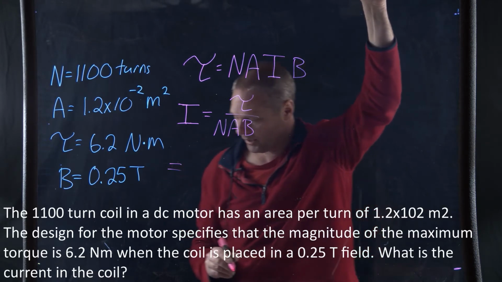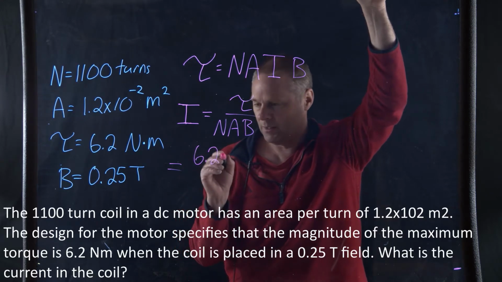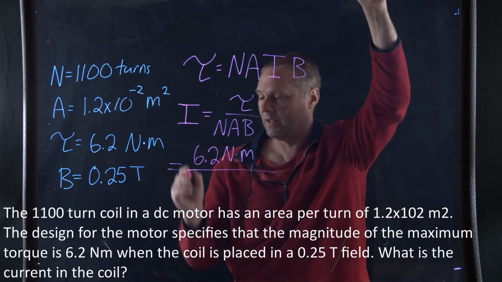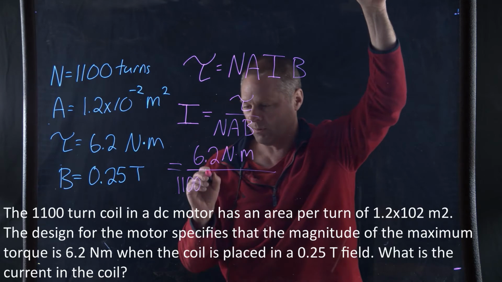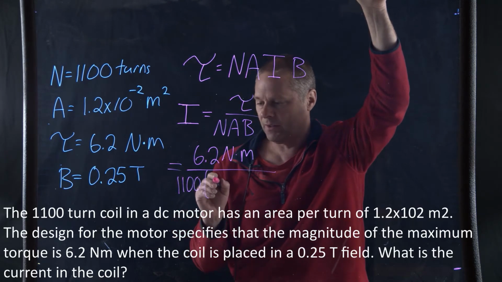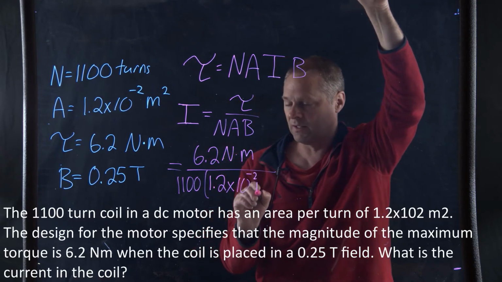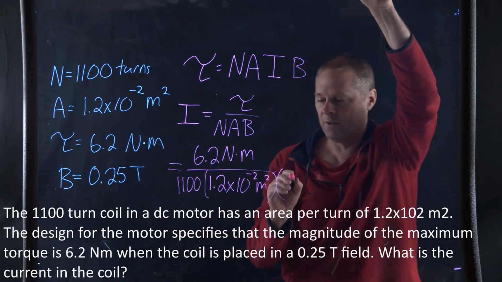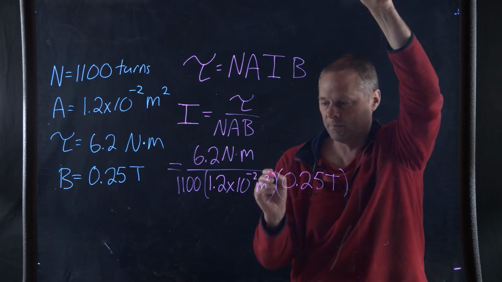And so we can now plug all this in, and this is going to be 6.2 Newton meter divided by 1,100 turns, which is just going to be a number, we're going to leave the units out. The area, which is 1.2 times 10 to the negative 2nd meters squared, times now the magnetic field, which is 0.25 Tesla.